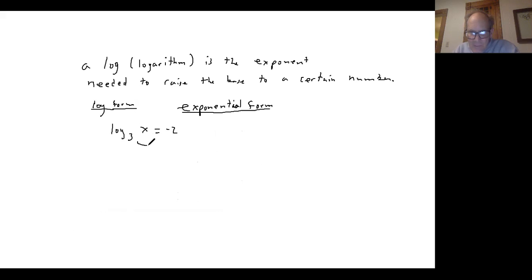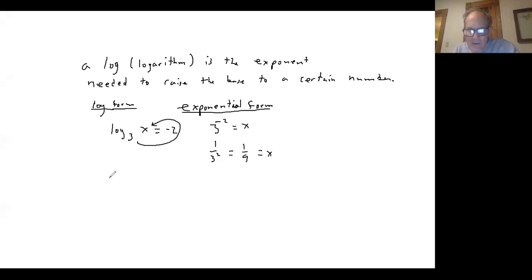Well, put it in the exponential form and it should be obvious. 3 to the -2 equals x. 3 to the -2 is 1 over 3 squared, which is equal to 1/9. Here's x. So the point I keep trying to make over and over is that when you switch the log form to the exponential form, it'll be easier to work in the exponential form.